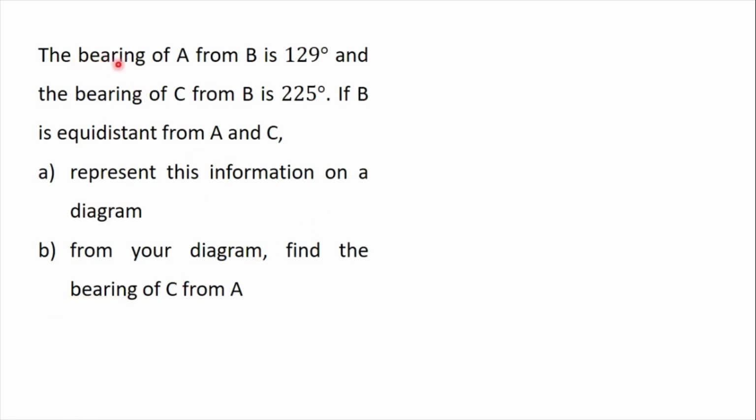The bearing of A from B is 129 degrees. This means that our starting point is B, the ending point is A, and the angle given to us is 129. So we are going to start with that.